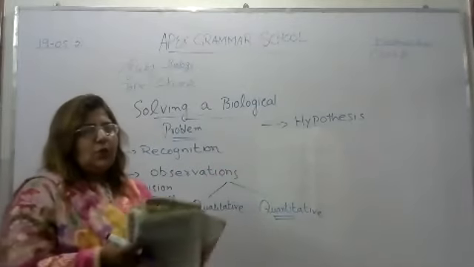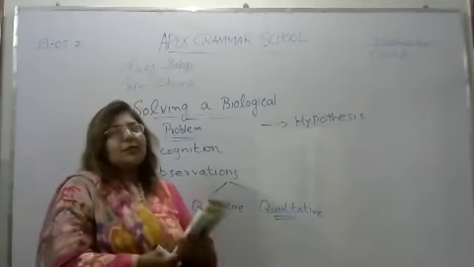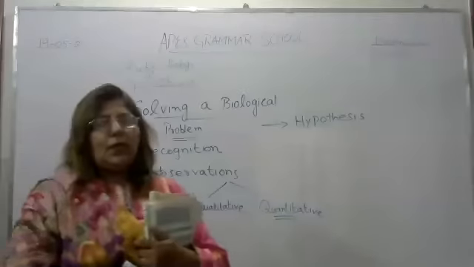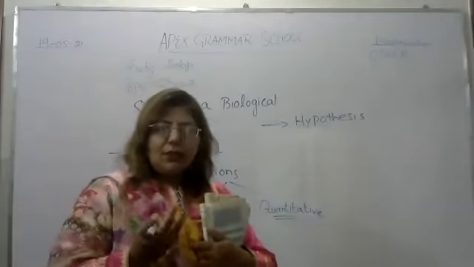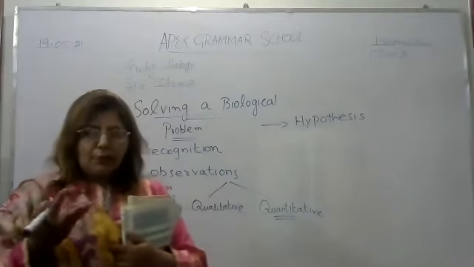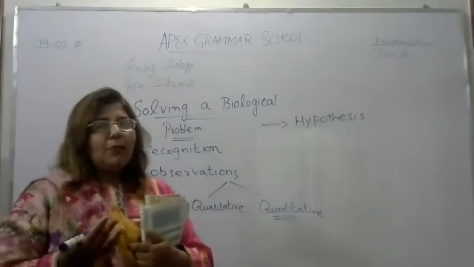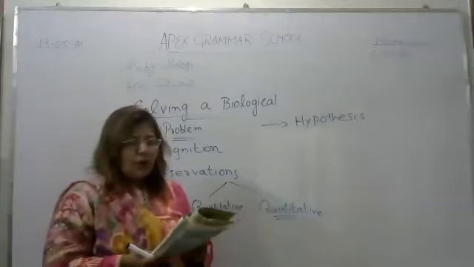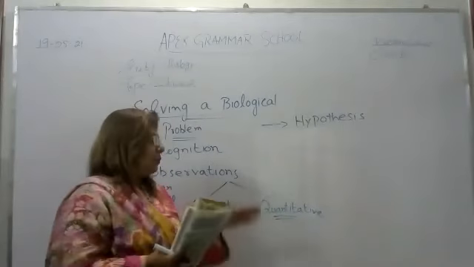Underline the definition in your book: the tentative explanation of observations is called hypothesis. Tentative means a statement can be true, a statement can be false.